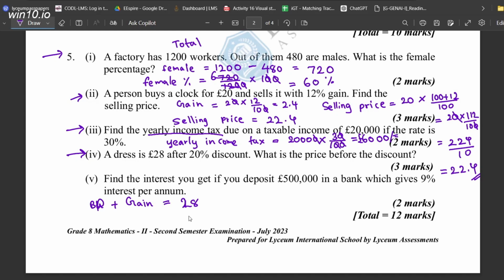So we can write that gain is equal to buying price times the percentage fraction.